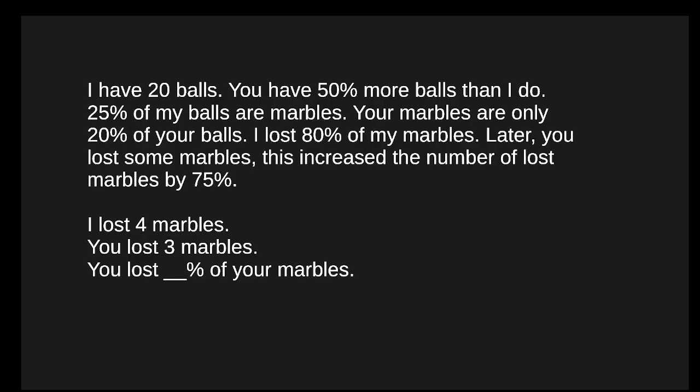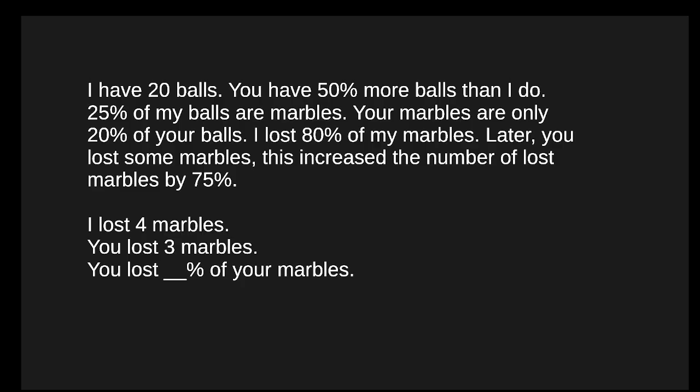Your marbles are only 20% of your balls. That's relevant. That compares your total number of marbles to your total number of balls. Okay, but what about your total number of balls? You have 50% more balls than I do. That compares your total number of balls to my total number of balls. And at the beginning, I have 20 balls.